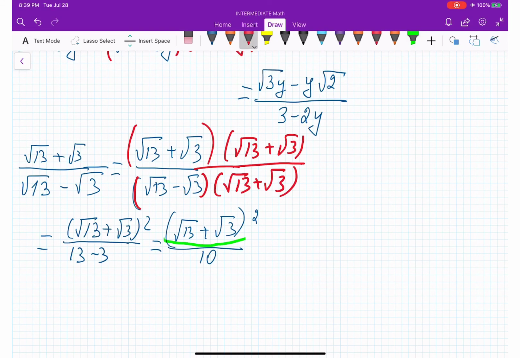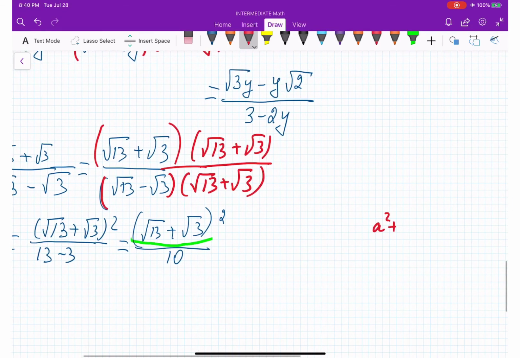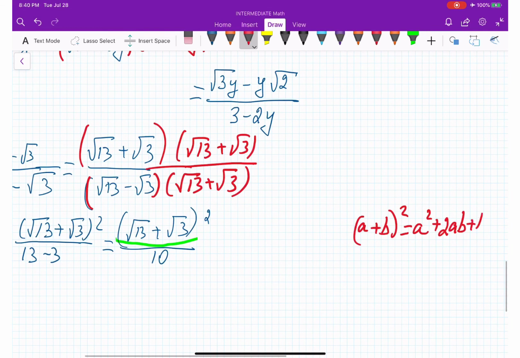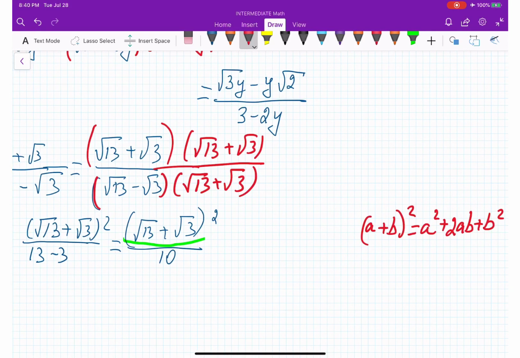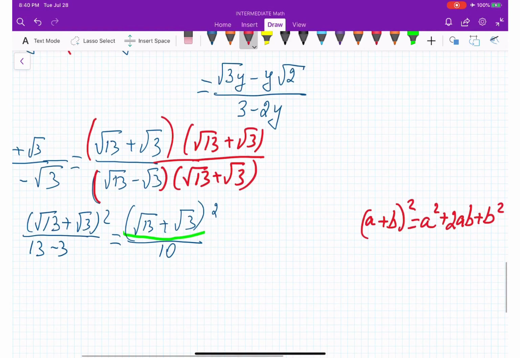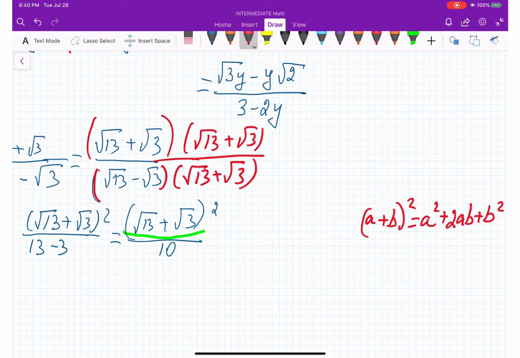A plus b squared is equal a squared plus 2ab plus b squared. Whoever doesn't know this formula, you can find my video with the title Factoring by Perfect Square. A squared plus 2ab plus b squared. And I explained there in detail.